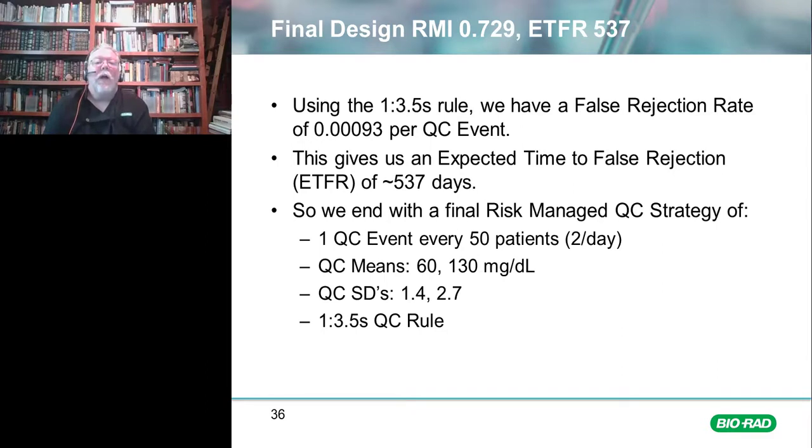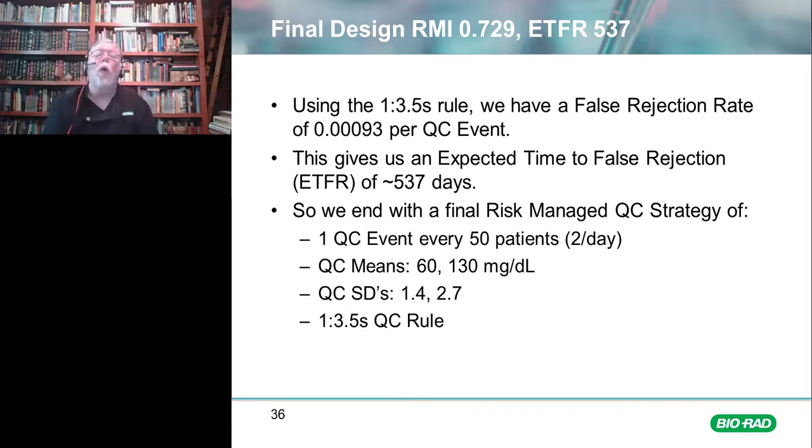So if I'm using a 3.5 QC rule, now my expected time to false rejection is 537 days. So I've basically increased by a factor of 10 how many days I'm going to go between false rejections. And I still have managed risk.